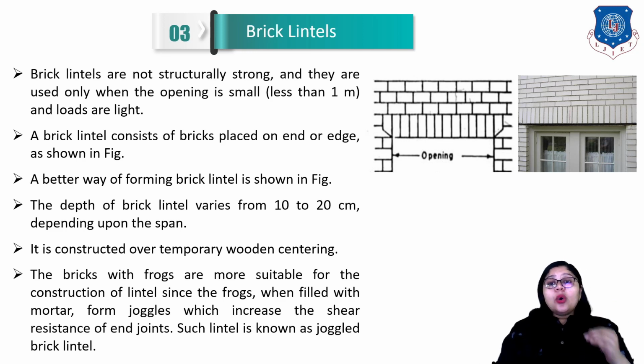It is constructed over temporary wooden centering, and bricks with frogs are more suitable for the construction of lintel, since the frogs, when filled with mortar, form joggles, which increase the shear resistance of end joints, and such a lintel is known as the joggle brick lintel. Here you can see an image where bricks are laid for construction of the lintel portion.